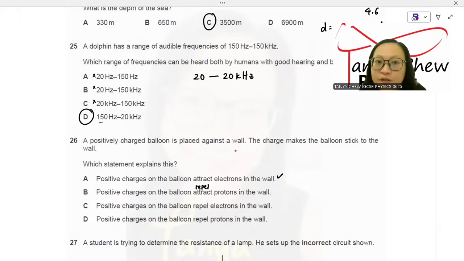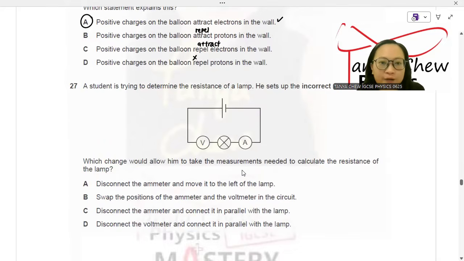No, positive and negative opposite charges attract. D. Positive charges on the balloon repel protons on the wall. This is not correct. That is not the reason why the positive charge sticks. The charges make the balloon stick to the wall due to the force of attraction. A is the answer.